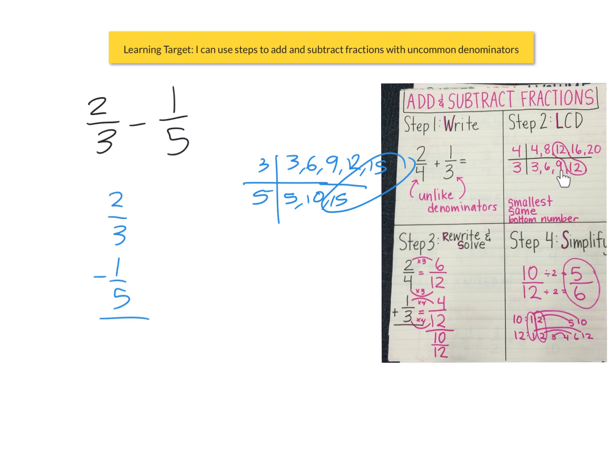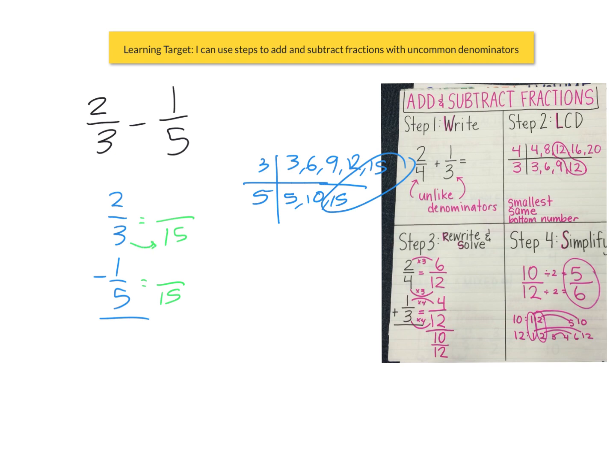So now that I found my least common denominator, I'm going to rewrite my two fractions with this common denominator and solve. Okay, let's do it in green. So both of these can turn into a fraction over 15.